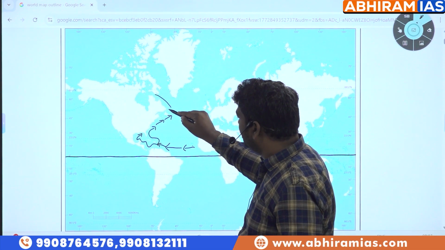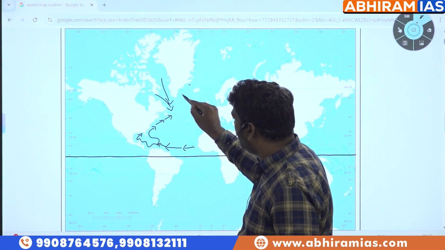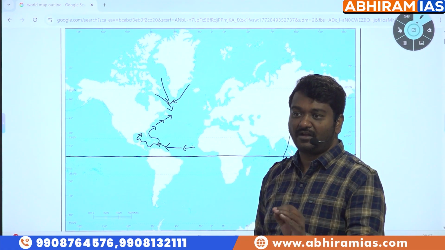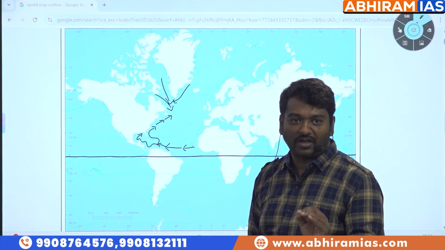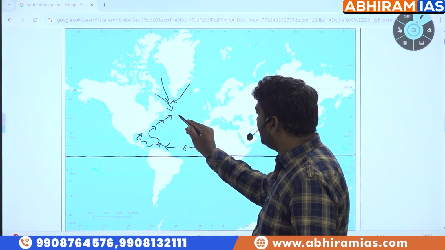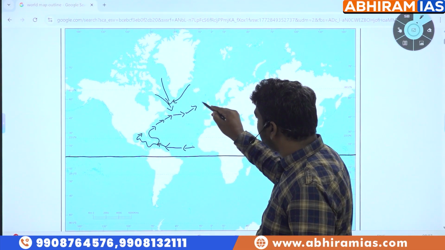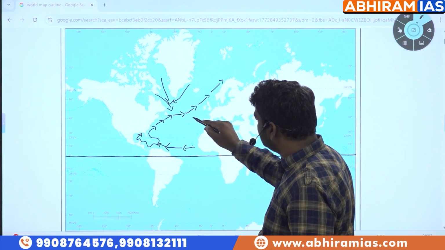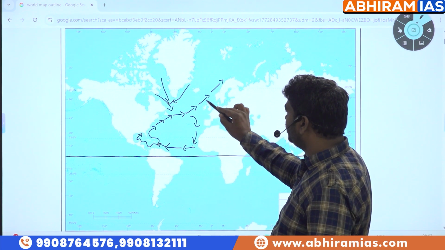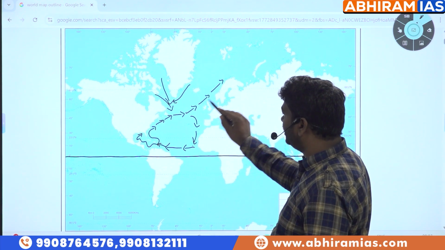From here you will observe that cold water will come. What is it? Labrador current. Labrador cold current is coming. Okay. Then guys, you see here, it starts going towards the poles. Another one will start coming like this. The one going towards the poles is called what?